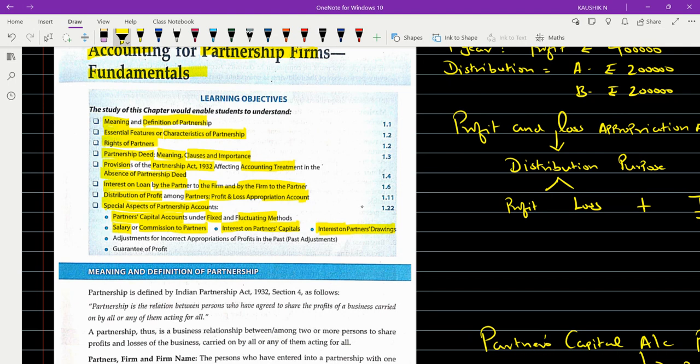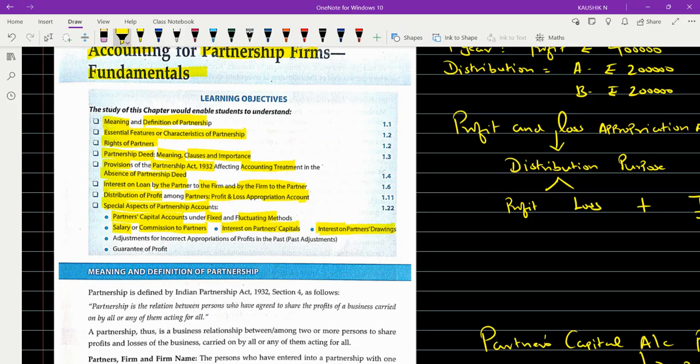Drawings is nothing but any amount or the value of goods withdrawn by a proprietor from the business to meet their personal expenses. So you know very well drawings can be in the form of cash or in kind. If you have withdrawn some goods or some money from your business to meet your private, personal or domestic expenses, we call them drawings.